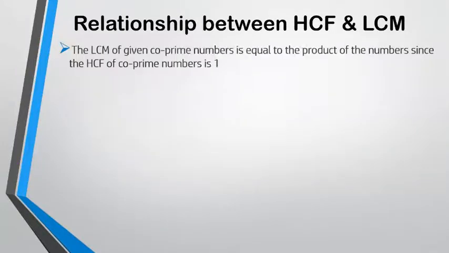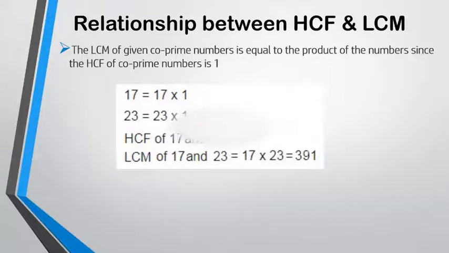We will continue to learn about the relationship between HCF and LCM. The LCM of given co-prime numbers is equal to the product of the numbers, since the HCF of co-prime numbers is always 1. The prime factors of 17 and 23 are 17 into 1 and 23 into 1. The HCF of 17 and 23 is equal to 1.